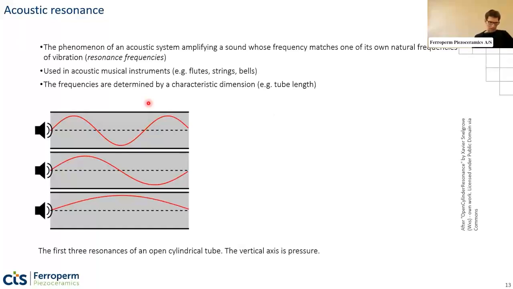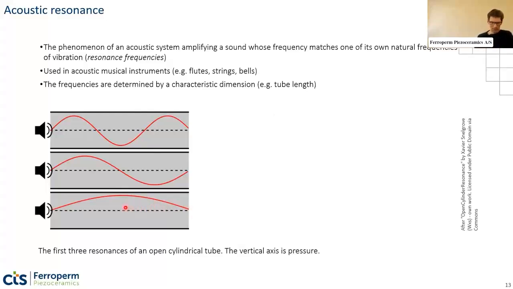I can describe a resonance as a standing wave in a material, and you can actually relate this to the case where you play a sound inside an open tube with air.